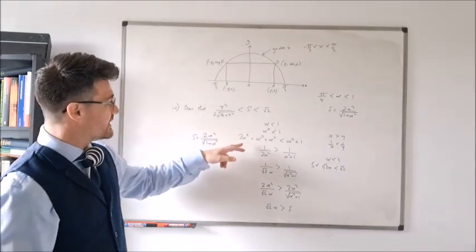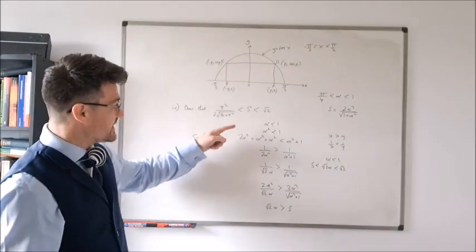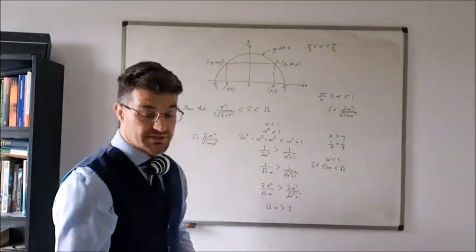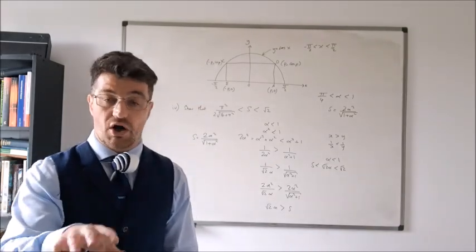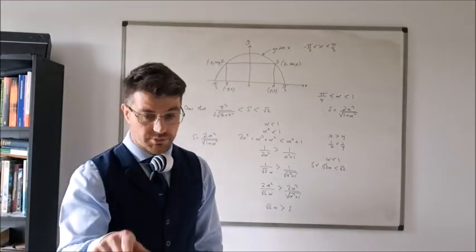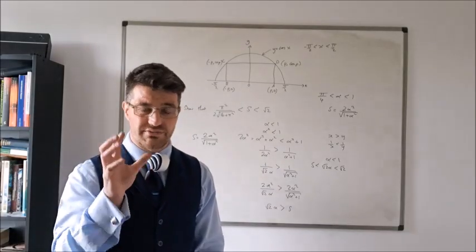It took me a good few minutes again, probably 10 minutes or so. In my opinion, this is possibly one of the hardest problems on this paper. I've done a couple of the other problems and I kind of flew straight through them. They weren't too difficult.